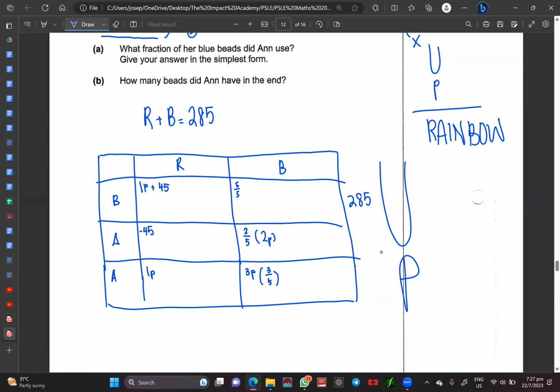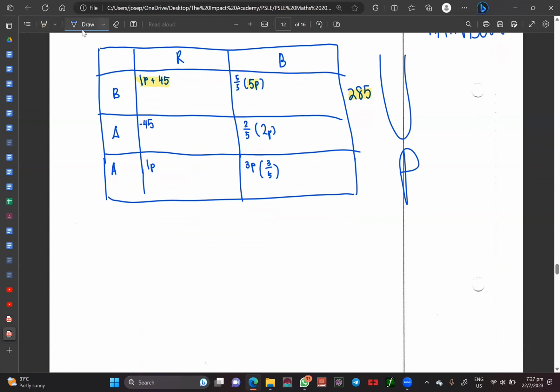And if 2 over 5 is 2 parts, isn't it true to say that this is 5 parts? And when I have this, I know that 1 part plus 45 plus 5 parts is equals to 285. So you might want to write this out, because we want to find whatever we can find. We get to 285. Over here, parts and parts together, same family sit together.